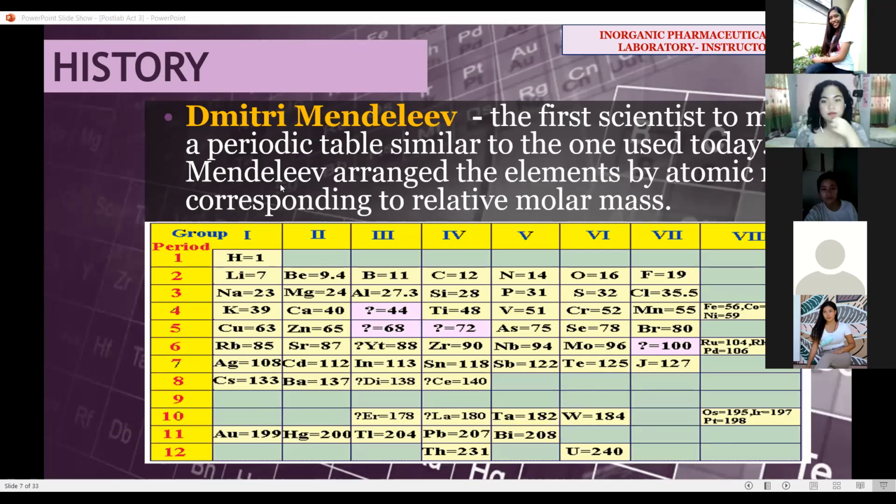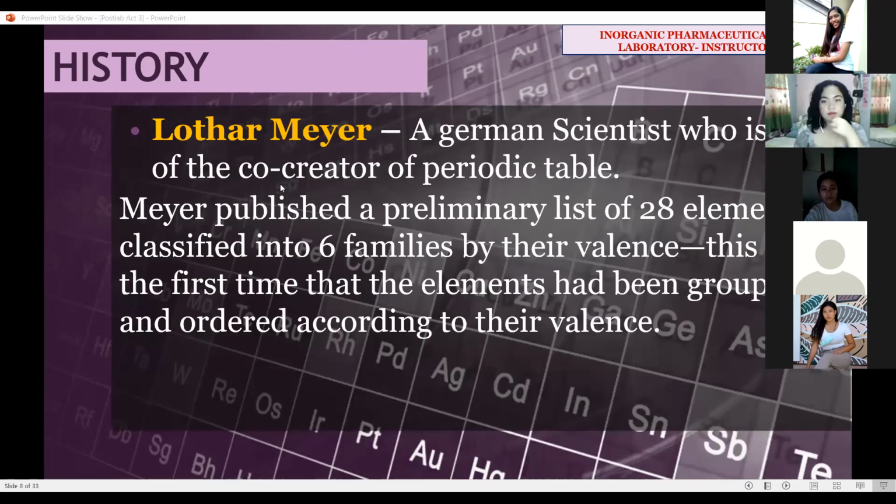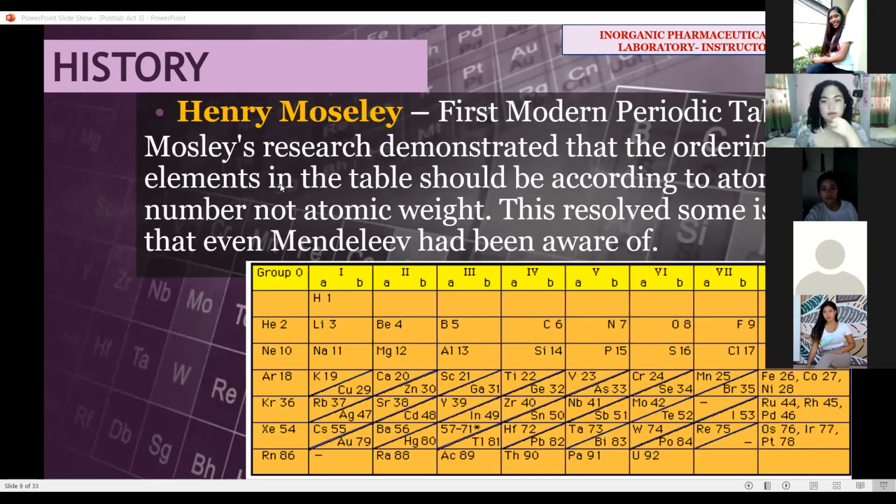However, there were questions that Dmitri Mendeleev and Lothar Meyer could not answer when arranging using atomic mass. Actually, the one who solved that was Henry Moseley. So he is the last person involved here. He rearranged the periodic table, but this time not by atomic weight or atomic mass.